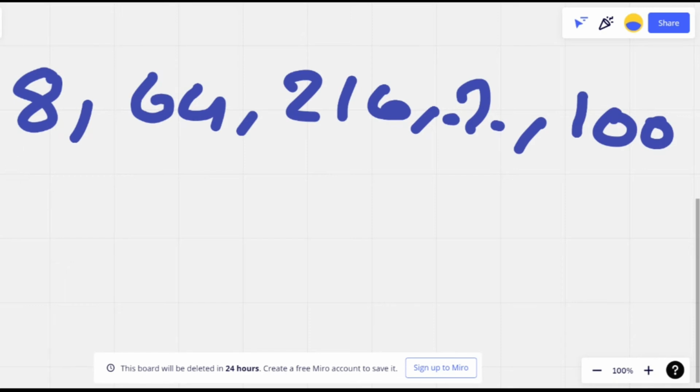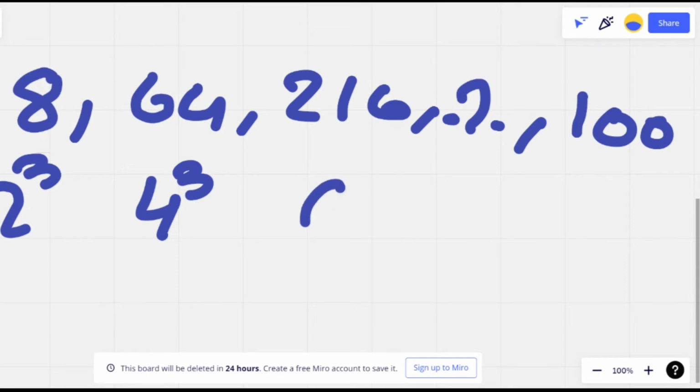8 is 2 cube. 8 is nothing but 2 cube, and 4 cube is 64. Similarly, 6 cube is 216. I also told in that video how to remember 1 to 10 cubes easily. If you remember 1 to 10 cubes, it will be very easy to crack 1 to 1000 cubes.